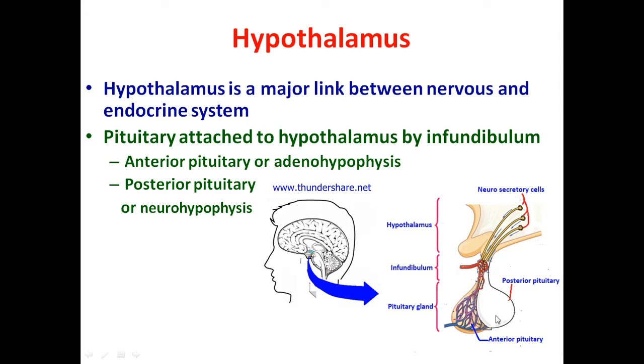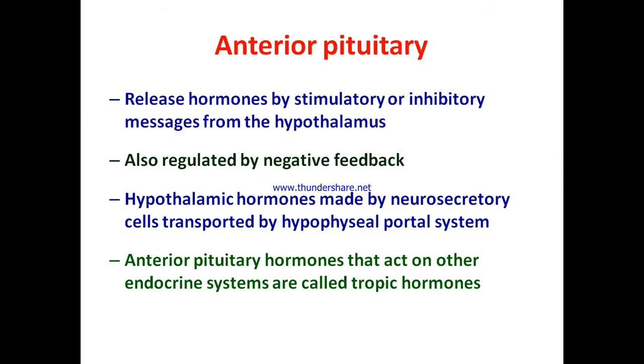The anterior pituitary is also known as adenohypophysis, and the posterior pituitary is also known as neurohypophysis. The anterior pituitary releases hormones by stimulation or inhibition messages from the hypothalamus. It is also regulated by negative feedback. Secretion of the anterior pituitary is also controlled by the presence of hormones in the blood.